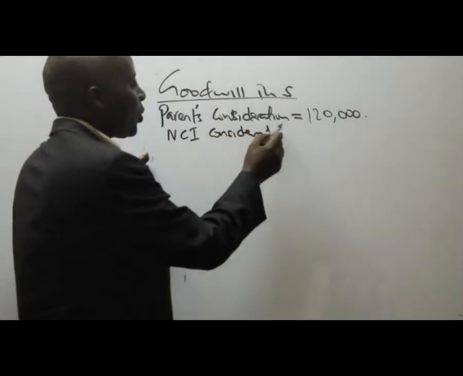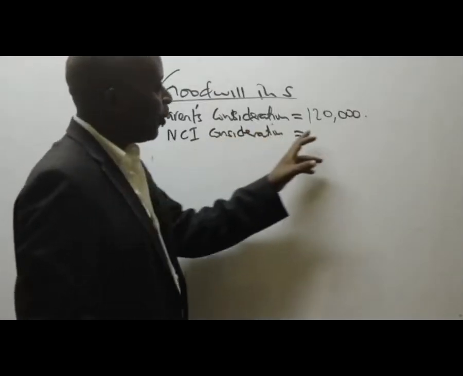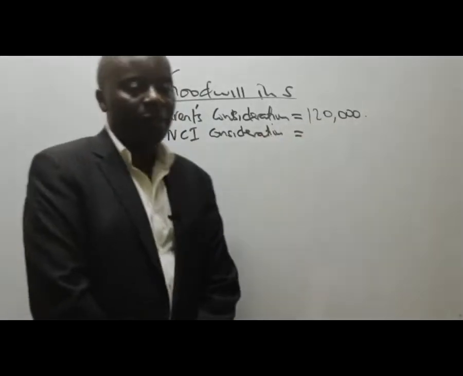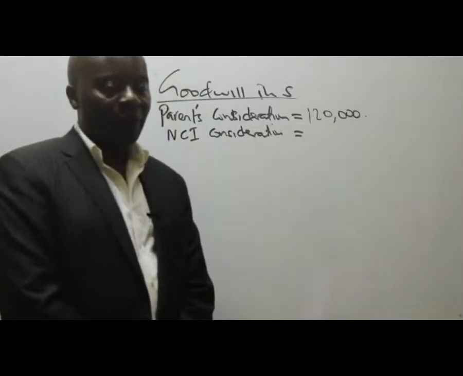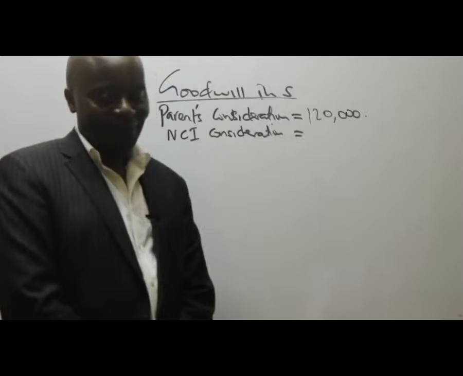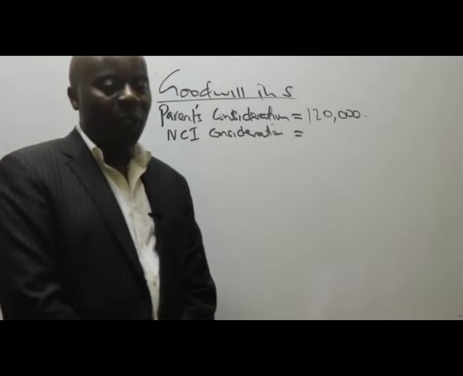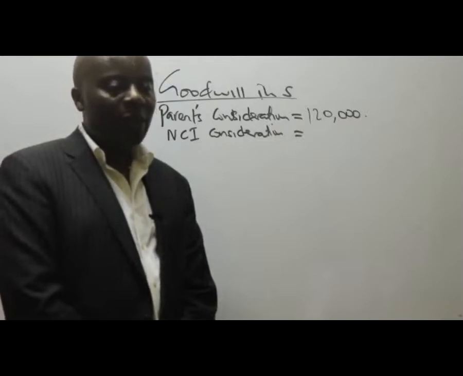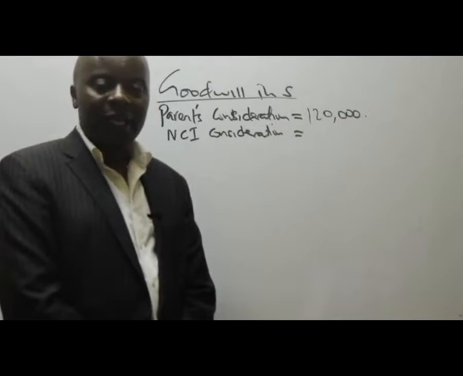Is there anybody who can give me a figure for NCI's consideration? You know, we are used to situations where the examiner gives us the value of NCI. Here NCI has not been given.